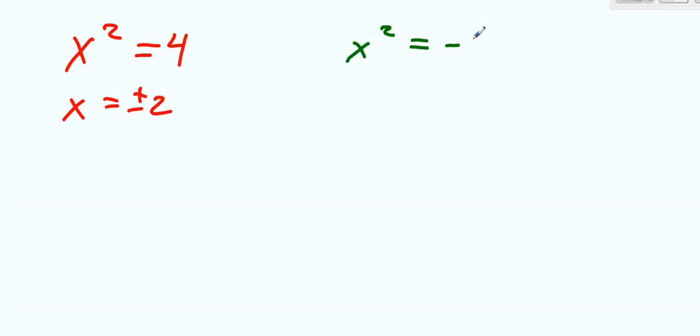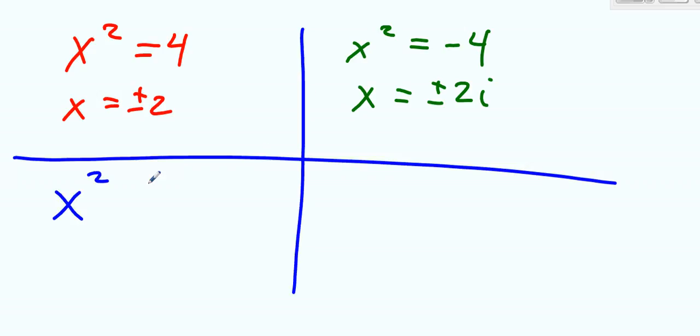So just a couple quick examples. We know that x squared equals 4 has answers of plus or minus 2. So x squared equals negative 4 has answers of plus or minus, the only thing is that negative, so it's just 2i. So x squared equals 16.